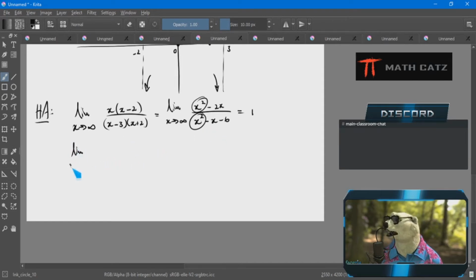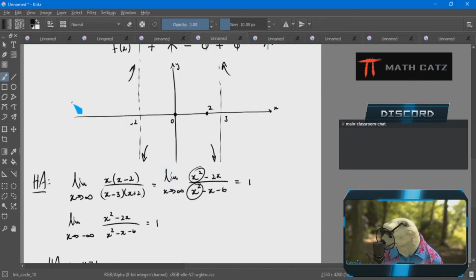And the limit as x approaches negative infinity of the same function, writing it out again. I'm doing exactly the same thing, it's also 1. So, a bonus to identifying it as a rational function is if I find a horizontal asymptote, and I do, y equals 1.